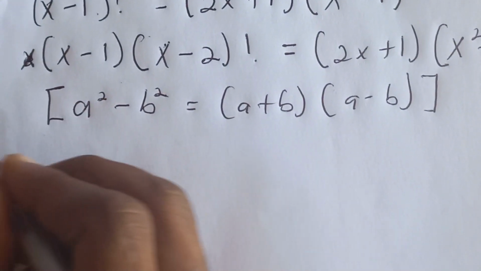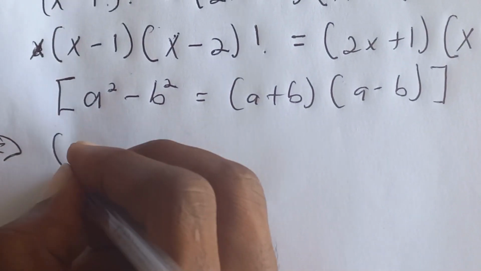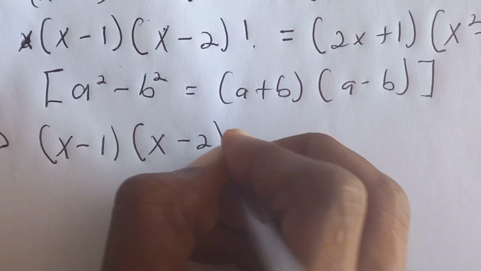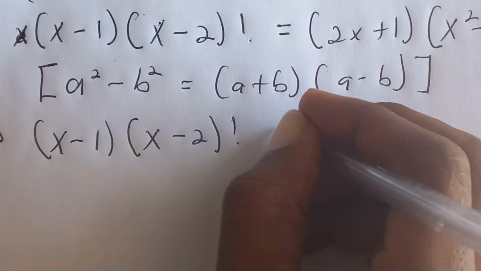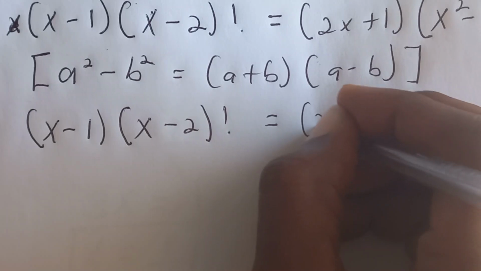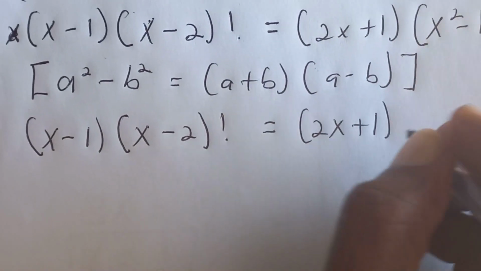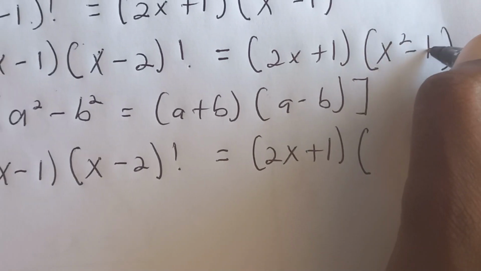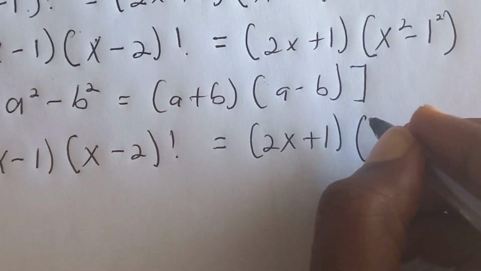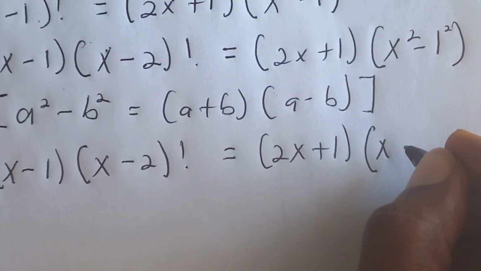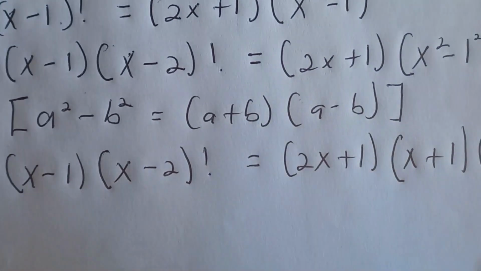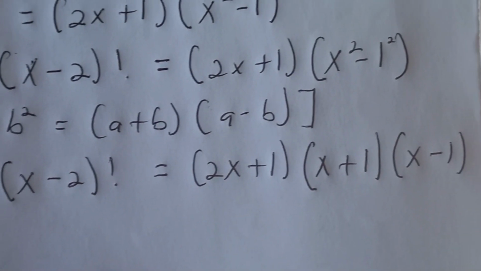So our equation now becomes x(x - 1)(x - 2) all factorial equal to (2x + 1), then this 1 squared is the same as 1, so (x + 1)(x - 1).